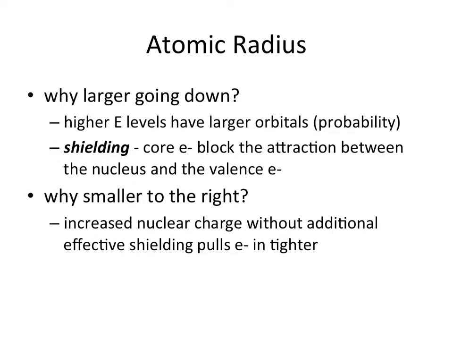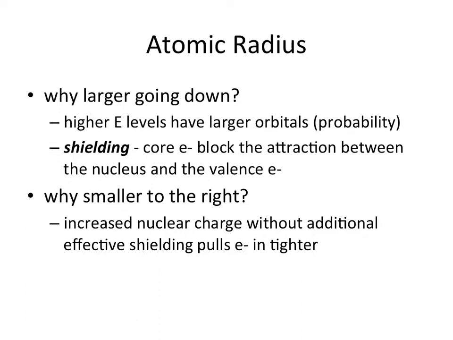So you have a higher chance of having an electron farther away from the nucleus. So you subsequently are getting a larger atom. Shielding also starts to come into effect. Those core electrons are going to block that interaction or that attraction between the nucleus and the valence electrons. So they're not going to be held quite as tightly.